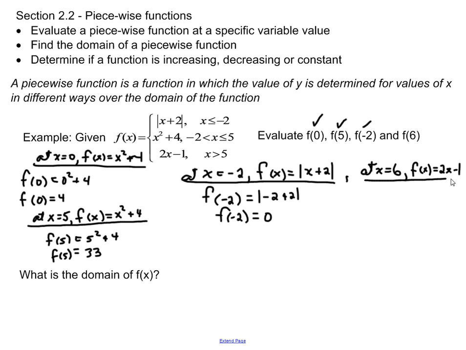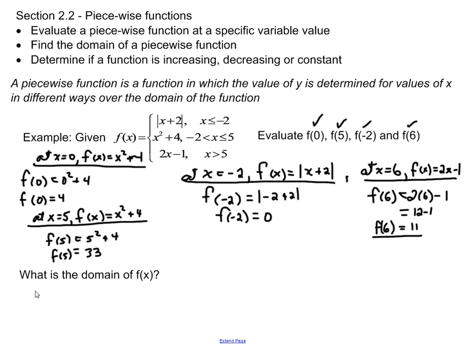So we use this piece of the function to evaluate, and we find that f of 6 would be equal to 2 times 6 minus 1, which is to say 12 minus 1. So f of 6 is equal to 11.